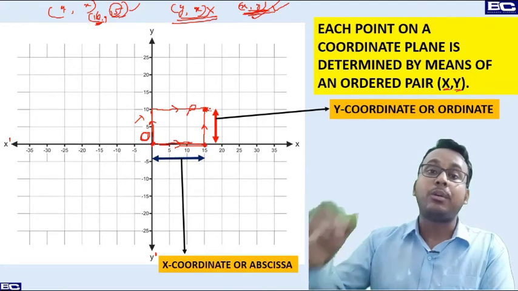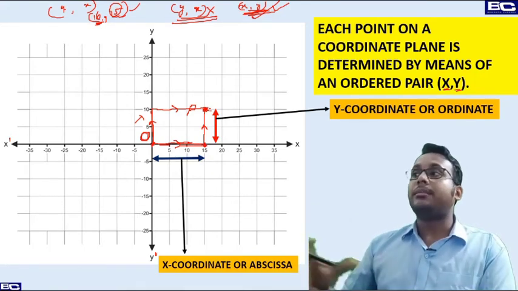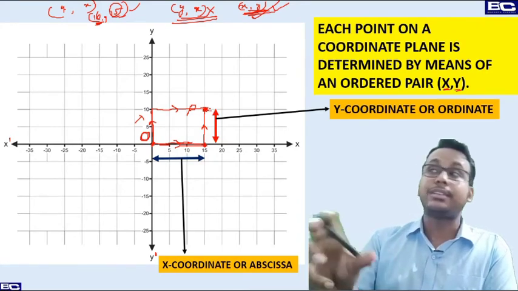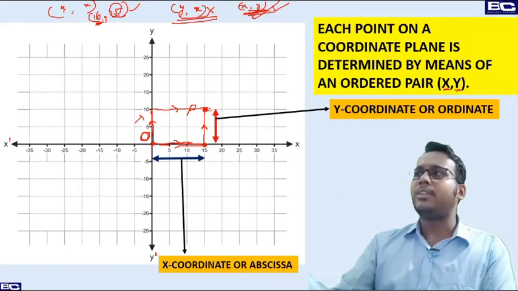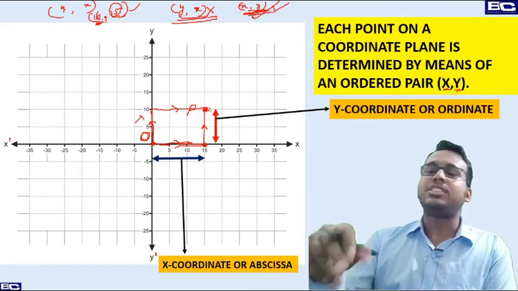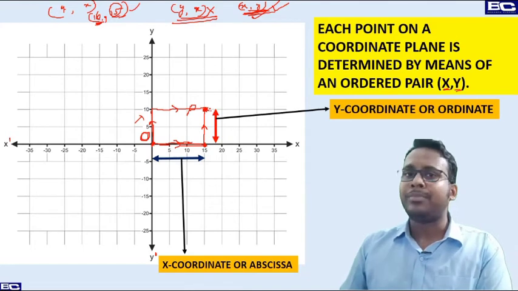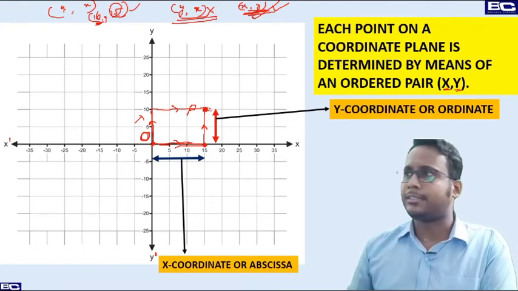So you need to be very much acquainted with these names, abscissa and ordinate. One of them you need to remember: if you remember y coordinate is ordinate, then automatically abscissa will be the x coordinate. Don't try to remember two things at a time, it will be confusing for you. But you need to remember this, x coordinate is abscissa, that's it.